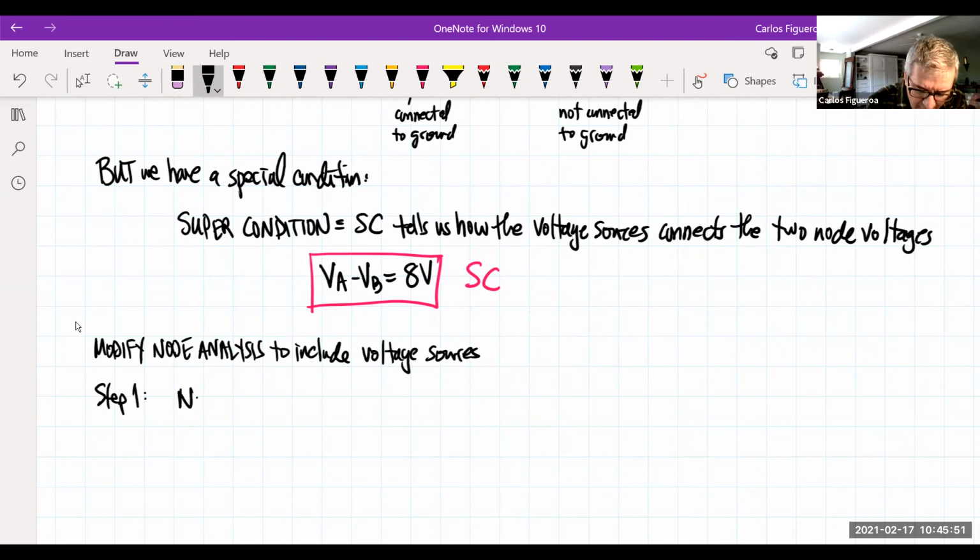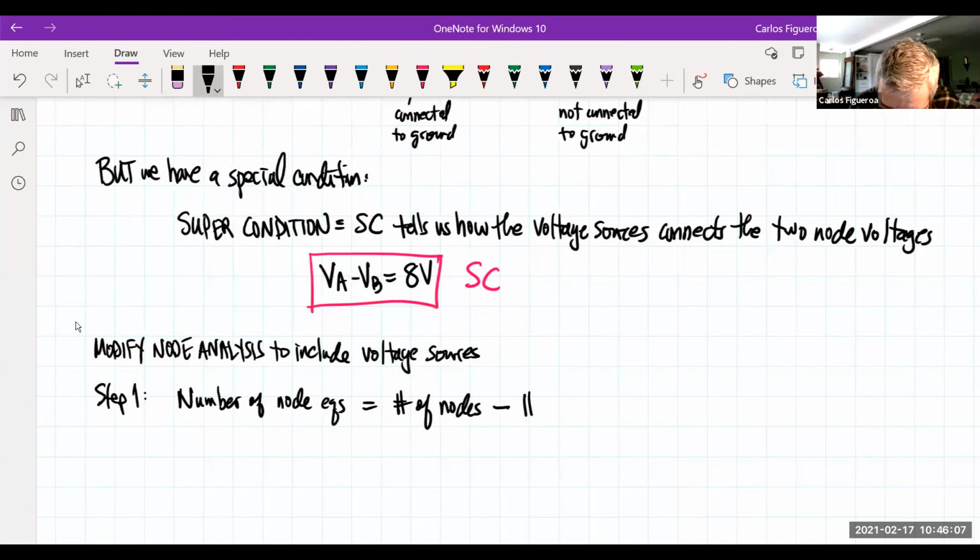So the number of node equations must be the number of nodes, which is what we've done already, minus the number of voltage sources. Okay, that's the first thing that we got to do. We got to go do the counting. So we got to figure out how many equations we actually need.